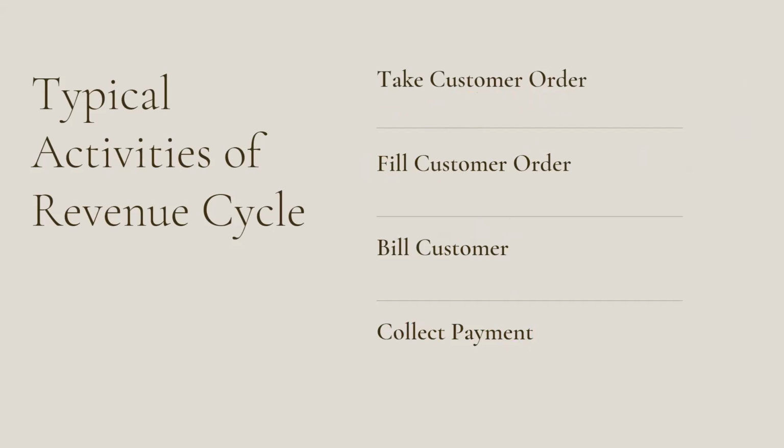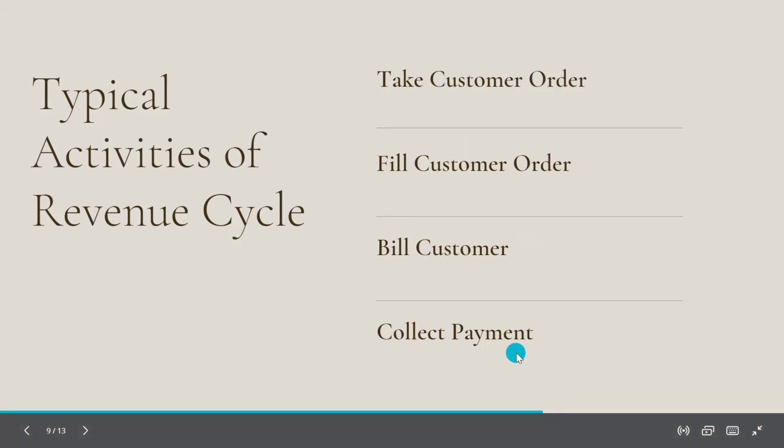It is, let's say, a commitment event. Fill customer order. Filling the order involves a reduction in the company's inventory. Say, it is a give event. Bill customer. Billing customers involves the exchange of information with an external party, but doesn't affect resources.